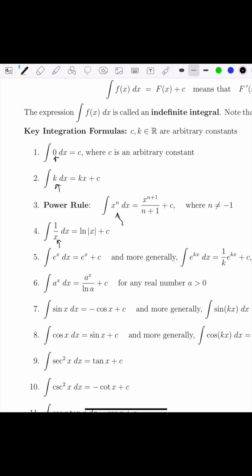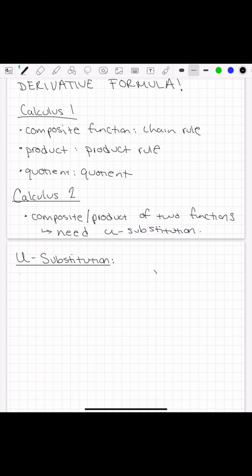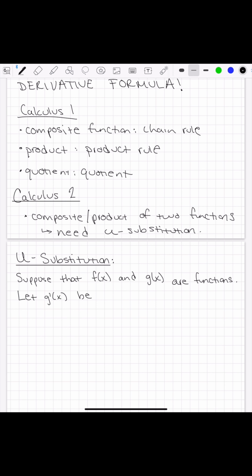Okay, so what's U-substitution? Suppose that f of x and g of x are functions, and let g prime of x be the derivative of g of x, and let capital F of x be the antiderivative of f of x.